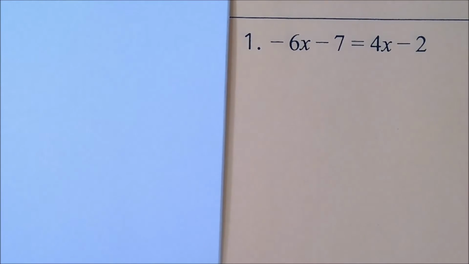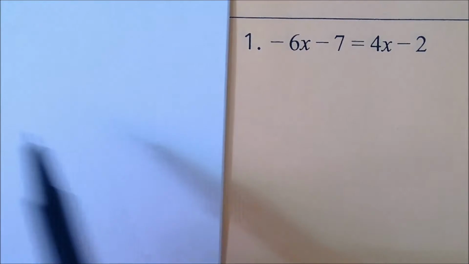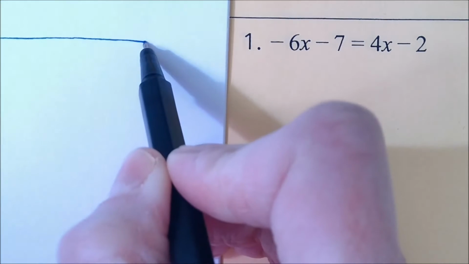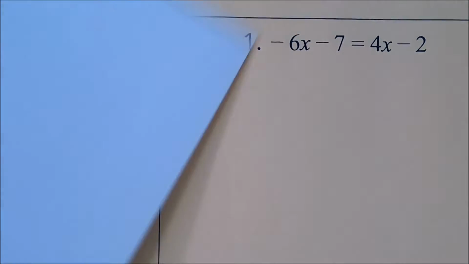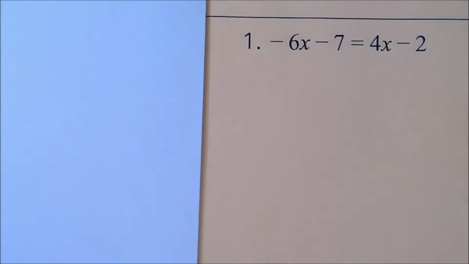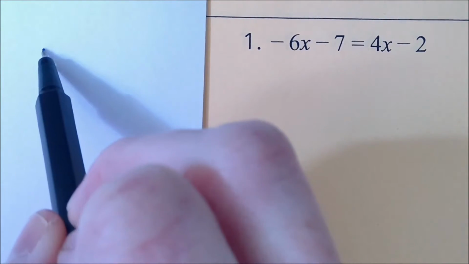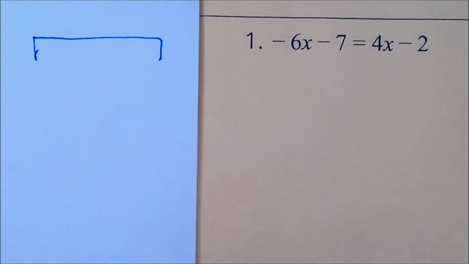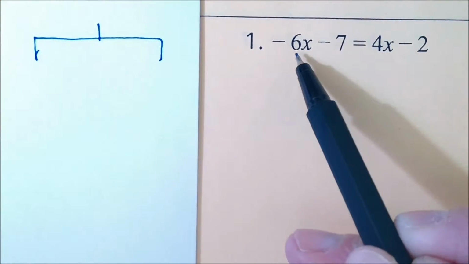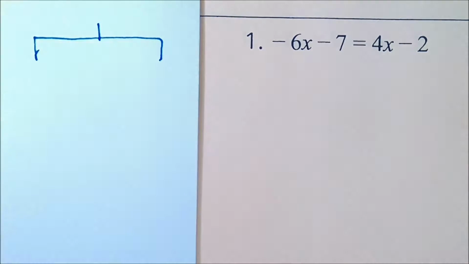Okay. All right, so let me try this again. If I were to draw what's happening on this hanger, on the left-hand side, I have 6 negative x's.